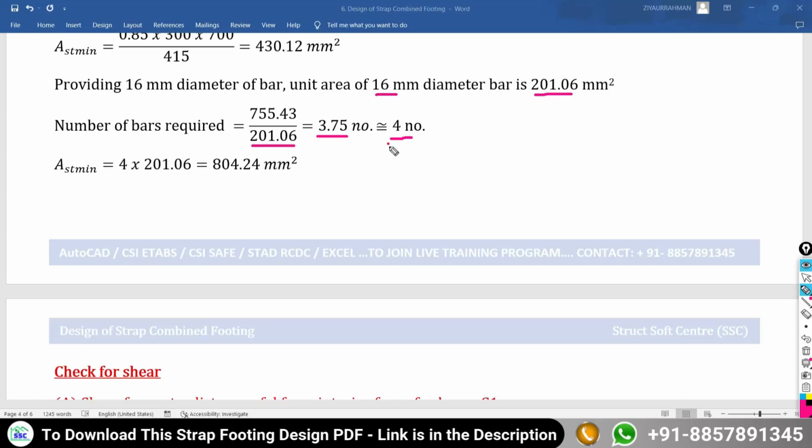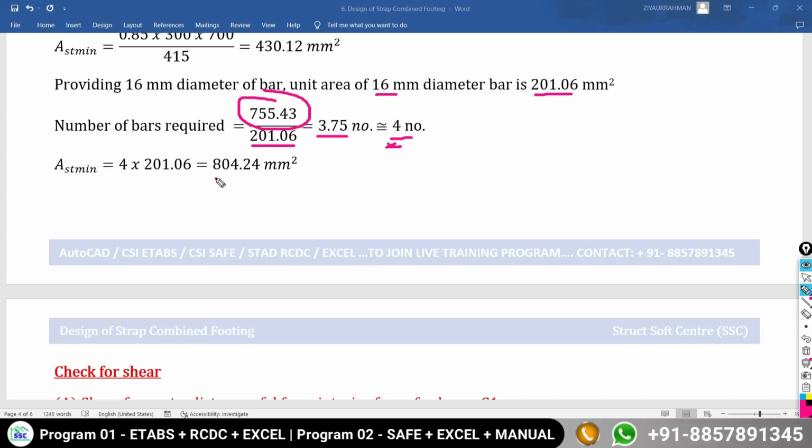Again I am going to round up to an even number, 4 bars at the bottom face. So the provided area of reinforcement is 4 times 201.06, which is 804, and the required area was this much. So we are providing a little more area of reinforcement than required, which means we are on the safe side.